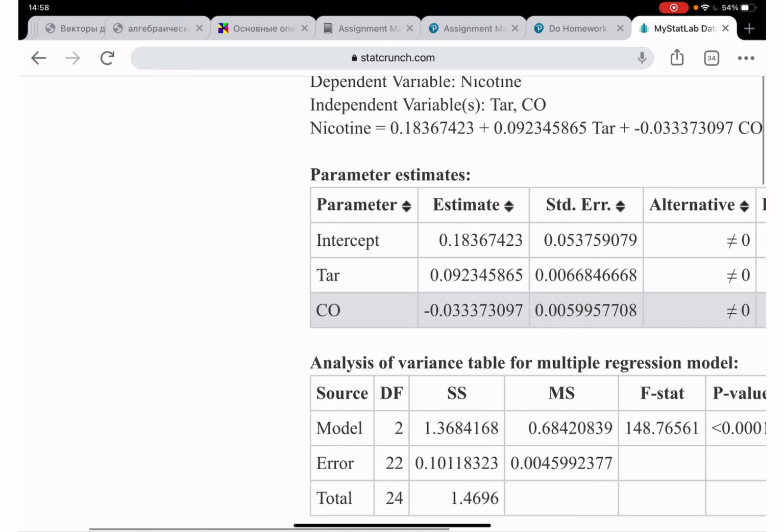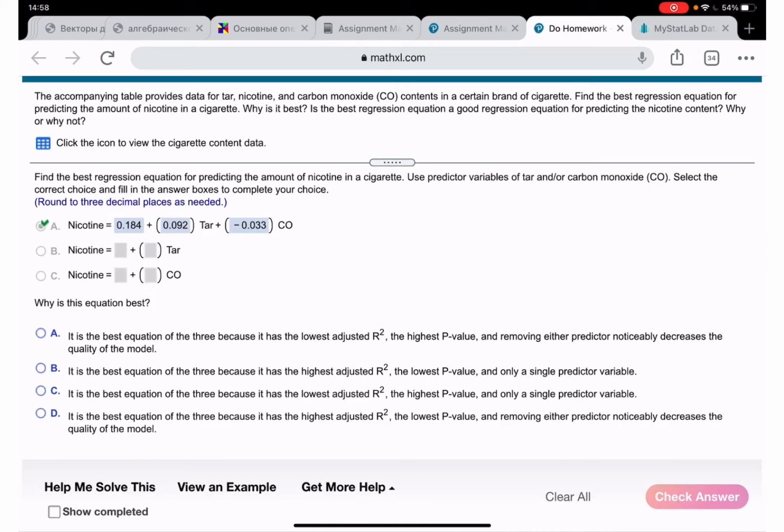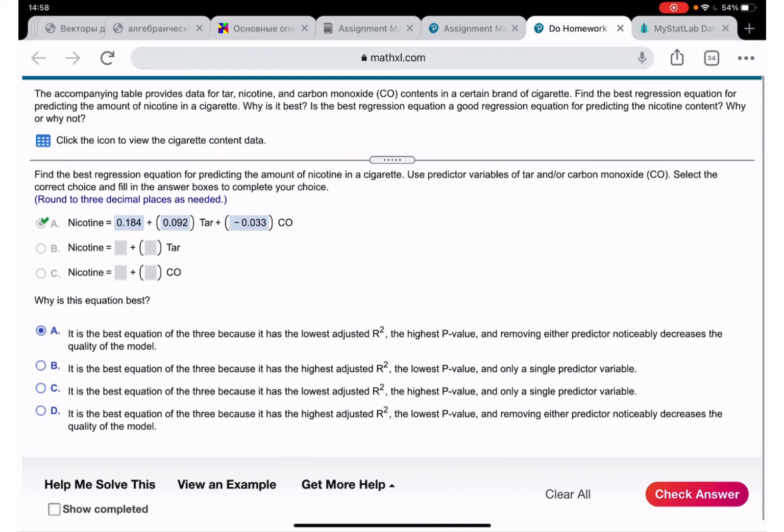It is the best of the three because it has the highest adjusted R squared, the lowest p-value, and removing either predictor noticeably decreases the quality of the model. So A, because once you remove any of these variables, it will decrease the quality, since the error will increase.